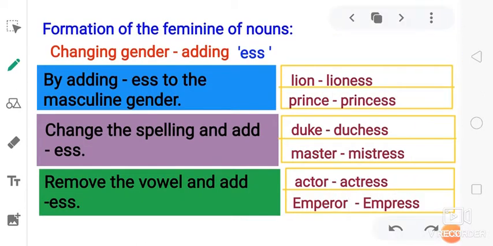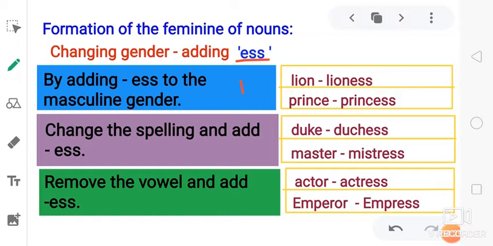The next is formation of the feminine of nouns. That means how to change the masculine gender into feminine gender. Here we have to follow some rules. The first rule is by adding ESS to the masculine gender.